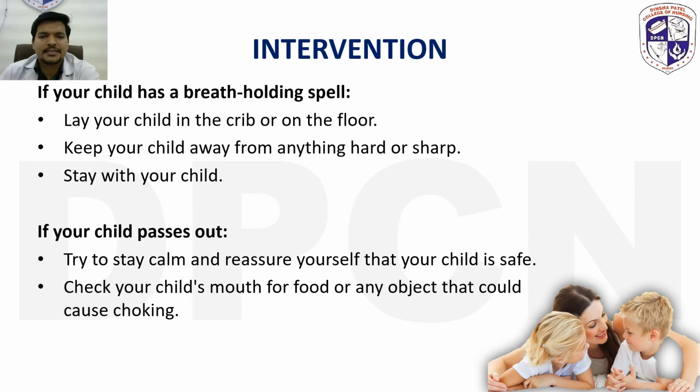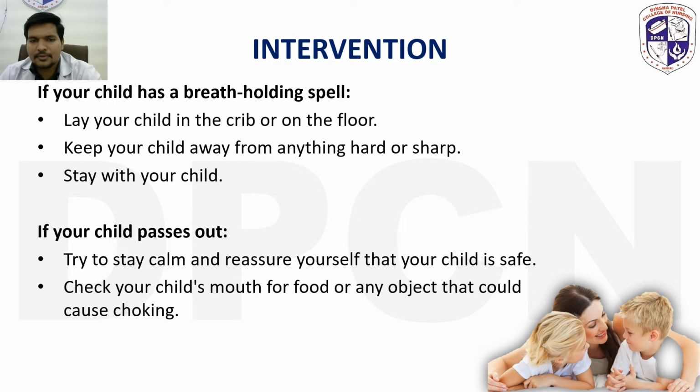If your child has a breath holding spell and passes out, you have to do these things. First of all, lay your child down on the crib or floor, and keep your child away from anything hard or sharp. Stay with your child.